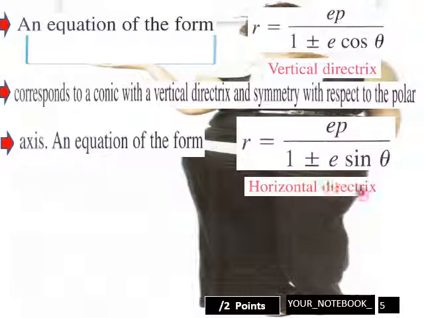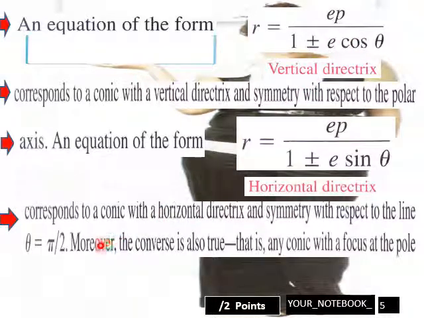So the sine is horizontal and cosine is vertical. This all corresponds to a conic with a horizontal directrix and symmetry with respect to the line theta equals pi over 2. So this is all key here, with pi over 2 as your line of symmetry.